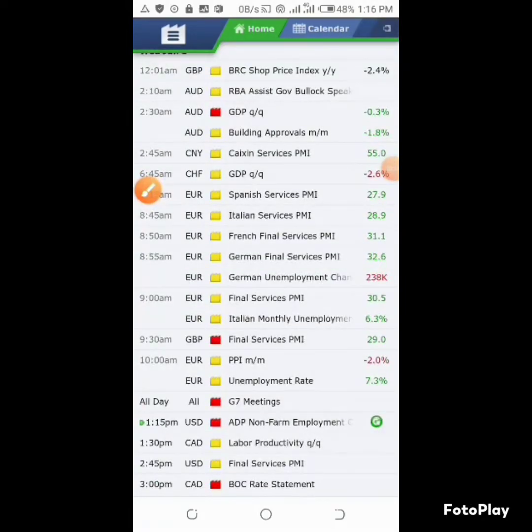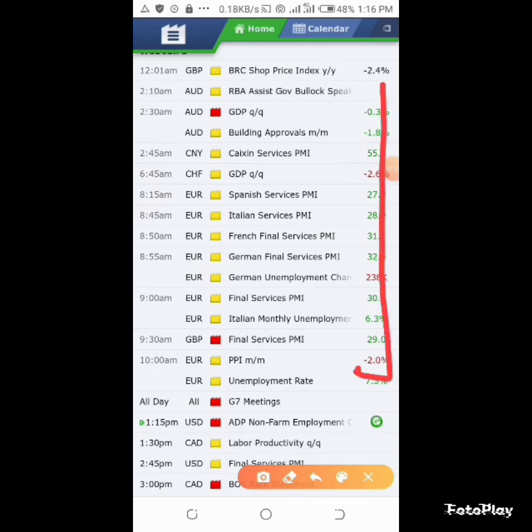At the side here are the actual figures that come out after the news has been released. This figure right here explains the figure for whatever the news is about.